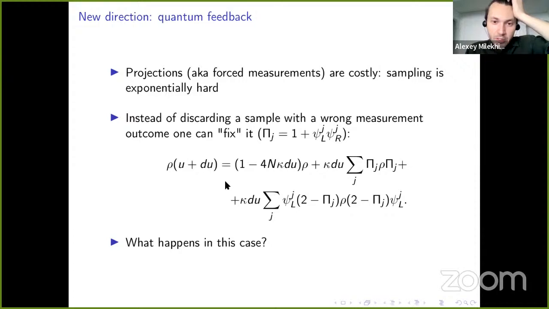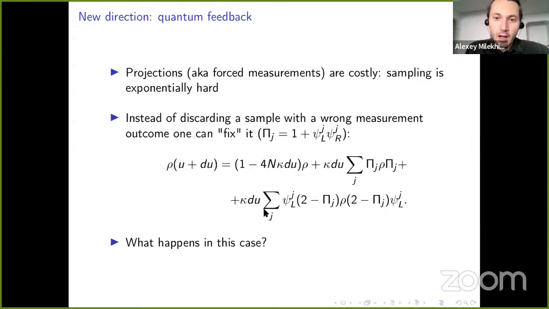With certain probability, you don't do anything, and otherwise you measure this operator, psi left, psi right. It has eigenvalues plus minus 1. If you end up in a plus 1 case, this is what I had previously. But if you have a minus 1 outcome, then previously I was throwing away that thing.